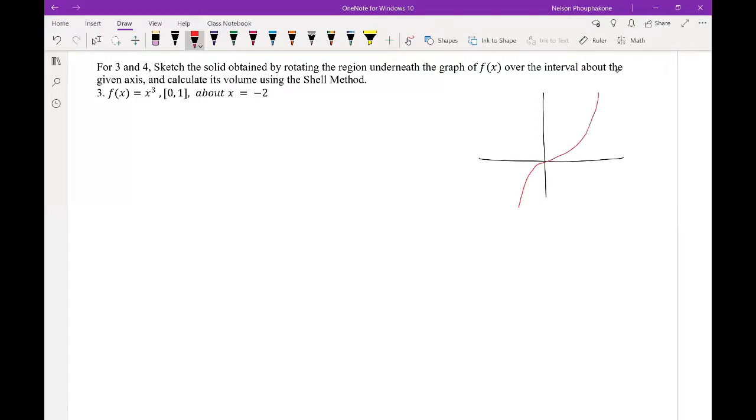Maybe just do this one. And then between 0 and 1.